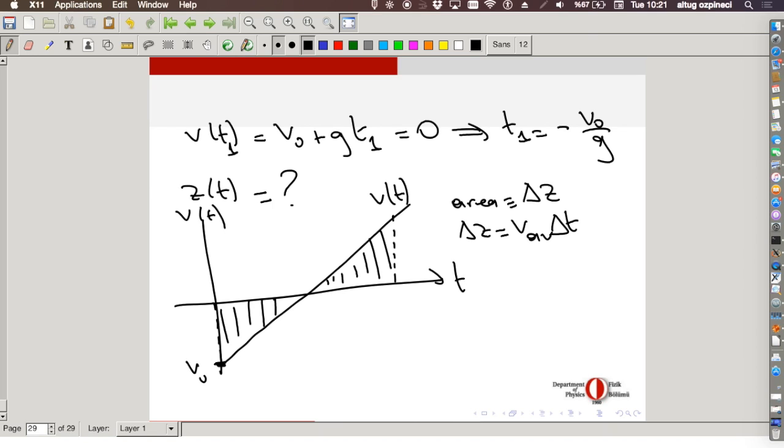Now for a linearly changing velocity, the average velocity is always the initial velocity plus the final velocity divided by 2. So this is equal to 1 over 2 (v0 plus v of t) times delta t, and delta t is t minus t0, and t0 we had chosen to be 0.